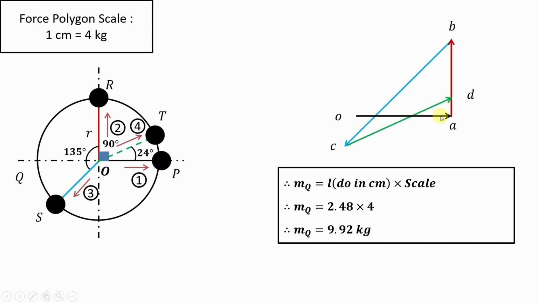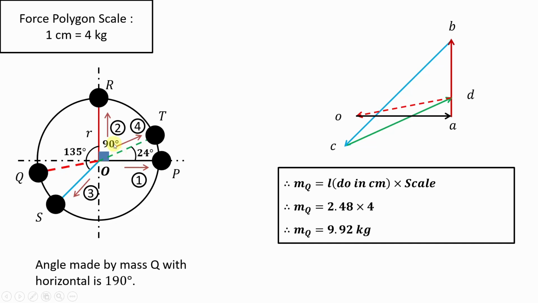So OA 2.5 centimeter, AB 2 centimeter, then this particular vector 4 centimeter, and then CD will be of 3 centimeter as per the calculations which we have done in the tabular form, and then close it. Then draw a line parallel to this particular vector from O, so that it will give the mass of Q. If you measure this angle from positive x-axis, the total angle will be 190 degree.